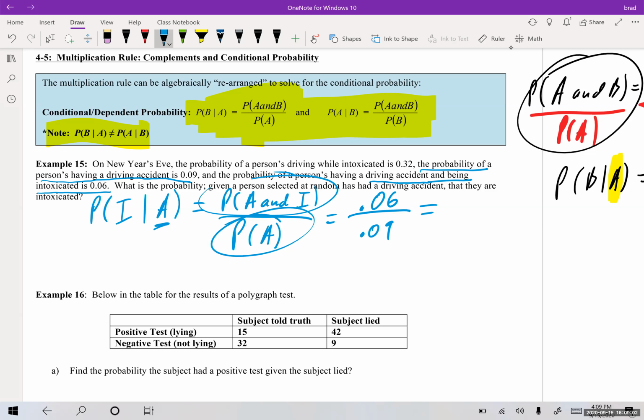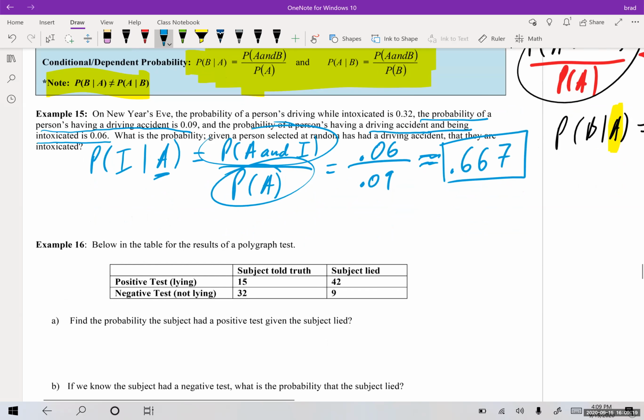When I plug this into my calculator, I get 0.667 if I round off. That is my probability, given that I know this person's already been in an accident, that they are in fact intoxicated. I'm just using the formulas above. That's all I'm doing, okay?